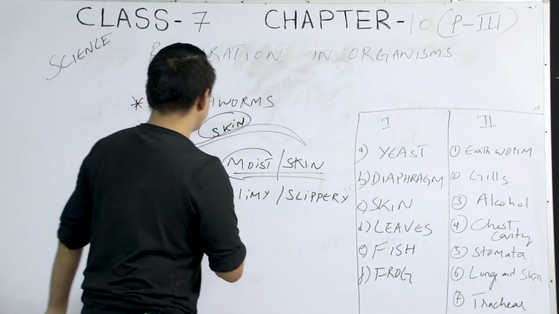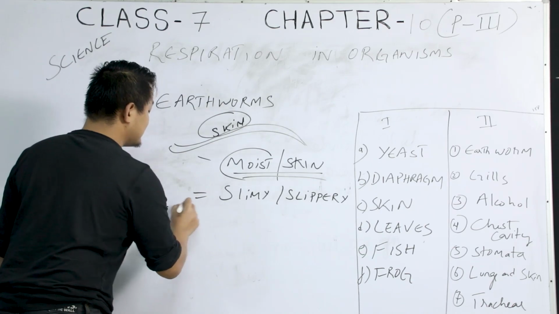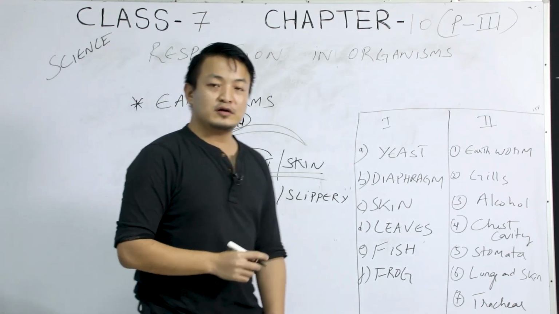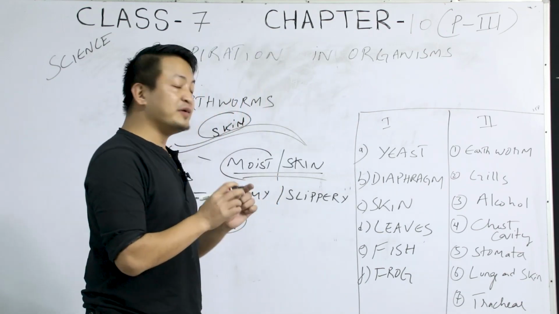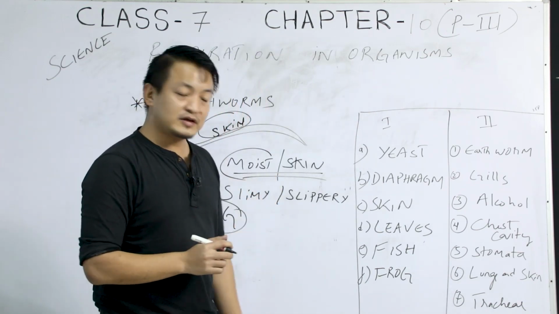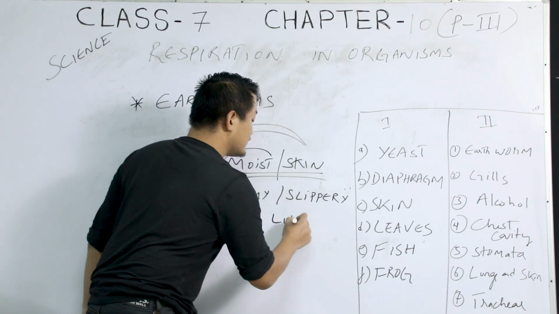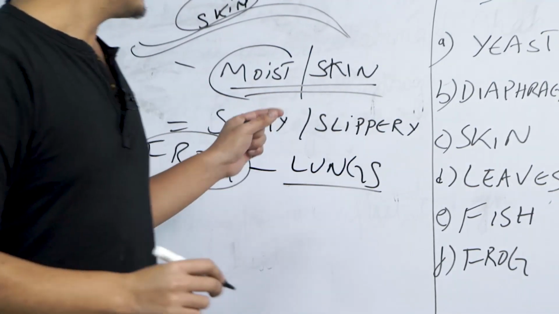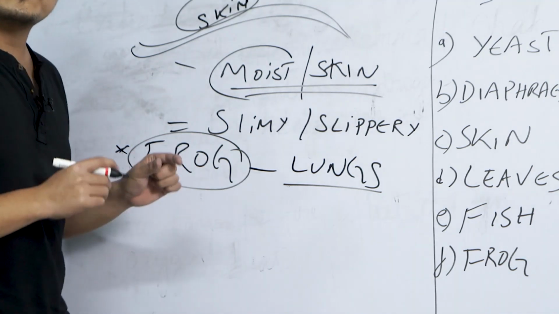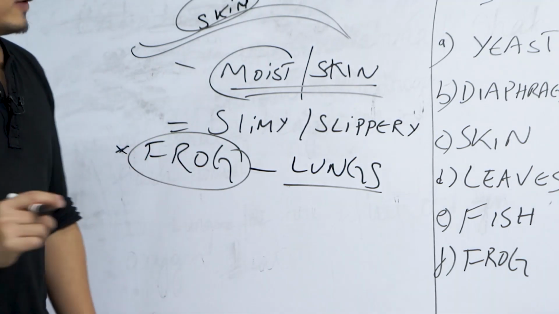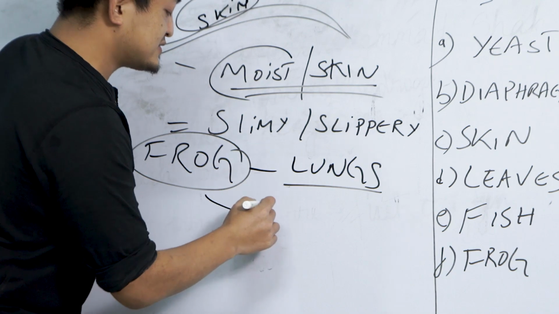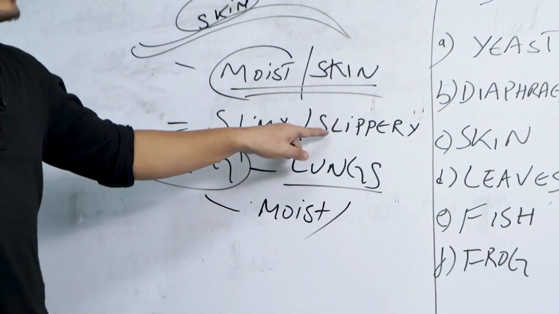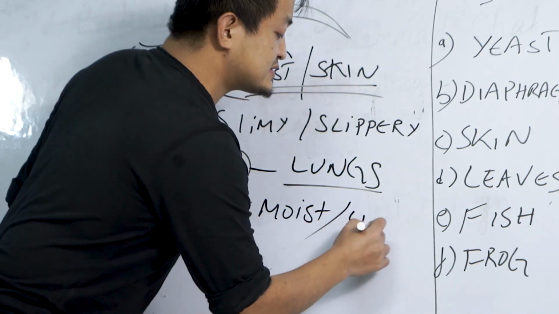Clear? Now, let's discuss the frog. Though they have a pair of lungs like a human being, even their skin is moist and slippery.